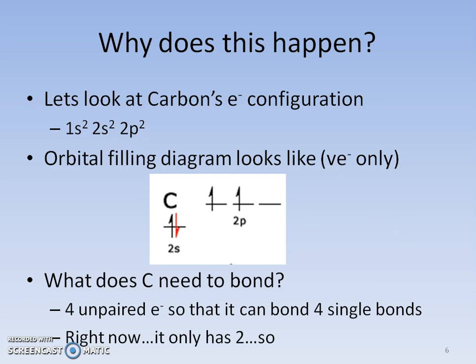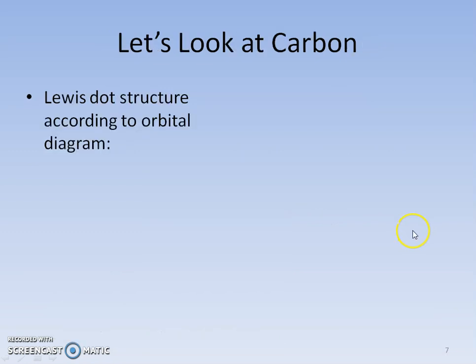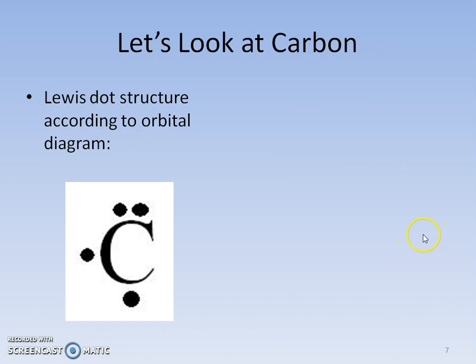So what does carbon need to bond? It needs 4 unpaired electrons so it can bond 4 times, because we know that carbon can bond 4 times. But the way this looks right now, we can have an electron here and an electron here, which would only make for 2 bonds. So what has to happen? The Lewis dot diagram for carbon really should look like this.